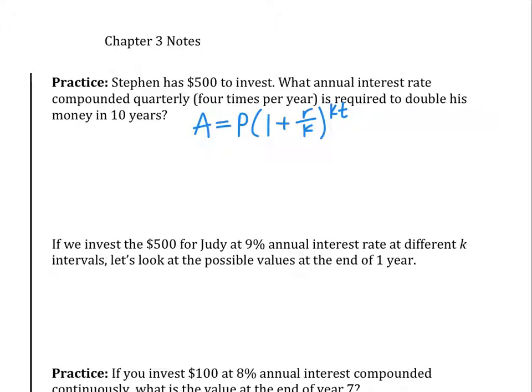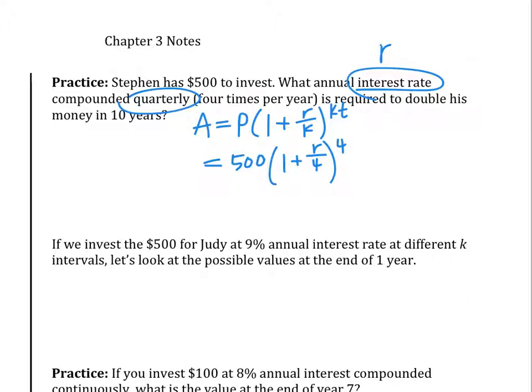All right, so Stephen has $500 to invest. Where does that 500 go? P. What annual interest rate? That is what variable? R. Compounded quarterly. 4 for K. So K, 4 goes there.